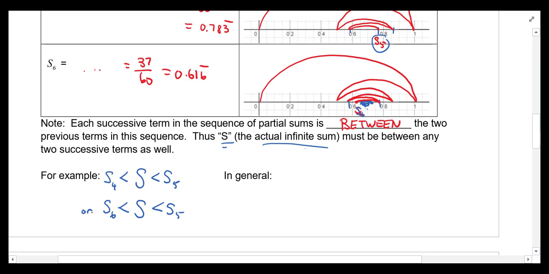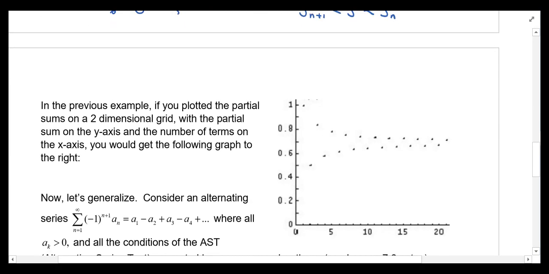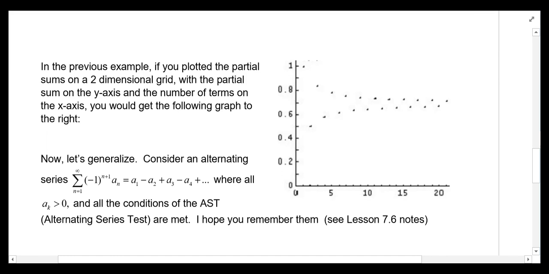So in general, what I want you to understand is that the sum is always going to be between two terms, either like this or like this. But it's definitely going to be between two partial sums or two successive terms. Okay? Now, knowing this, let me show you what it looks like if I were to actually plot the partial sums.